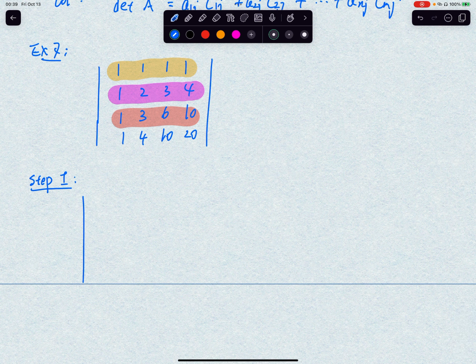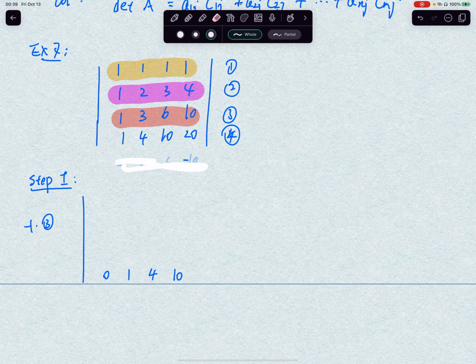So let's see what we have. First of all, we start by multiplying the third row. Let me use 1, 2, 3, 4 to represent the rows. So -1 times the third row is -1, -3, -6, and -10. So in the last row, we have 0, 1, 4, 10.